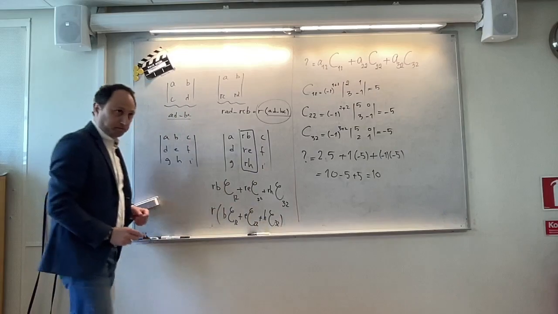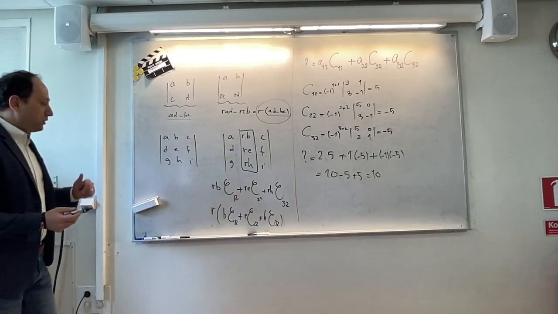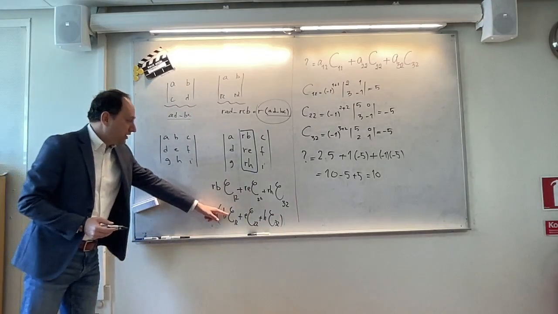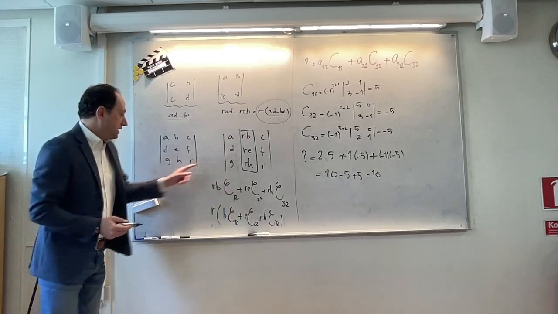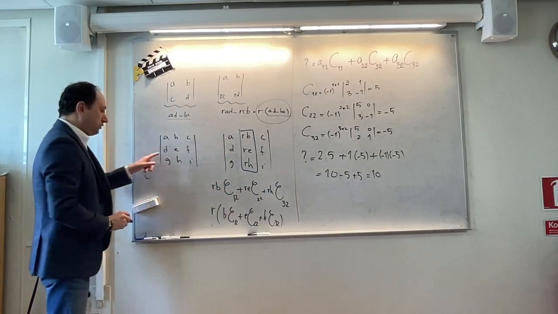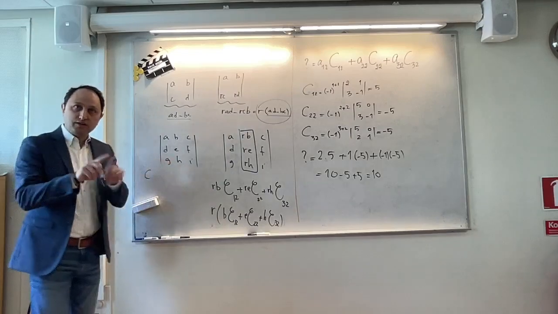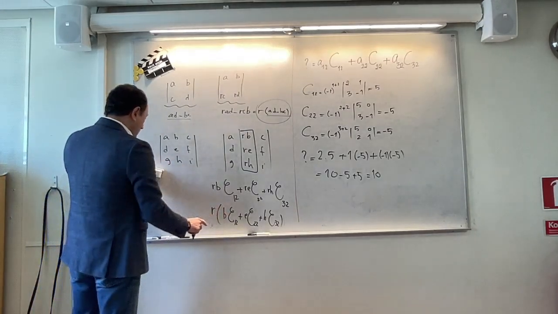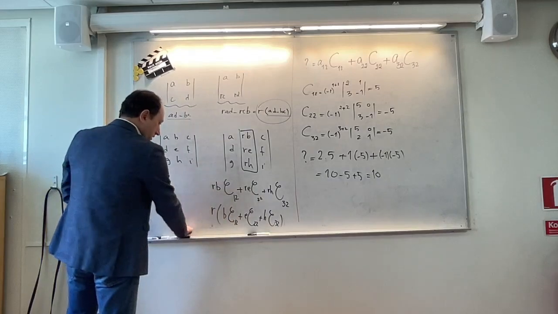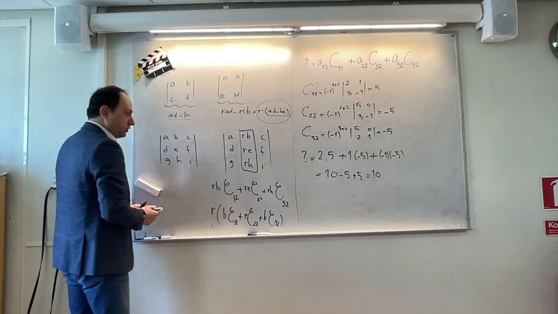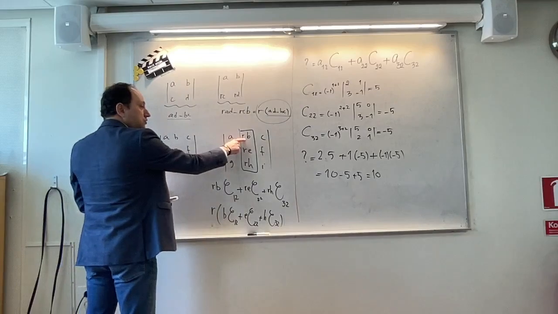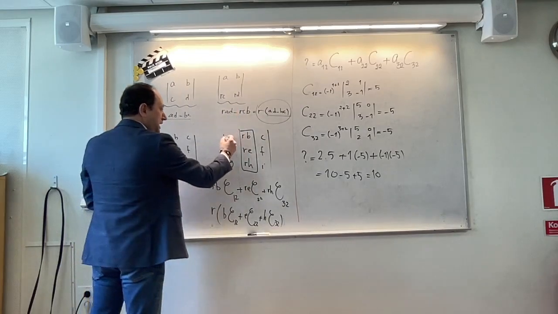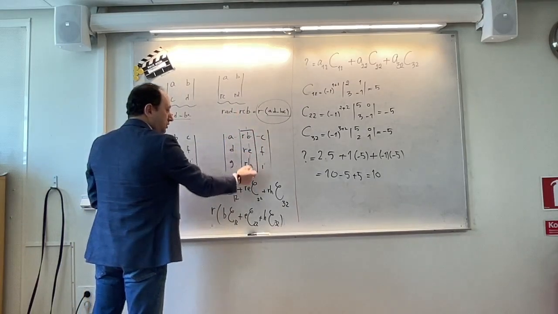I get this. But I hope that you agree with me, if I use curly C for the cofactors of this, and the normal C for the cofactors of these, the cofactors are exactly the same. So for example, if I ask you, what is the cofactor curly C1,2? You find entry 1,2, eliminate this row and that column.